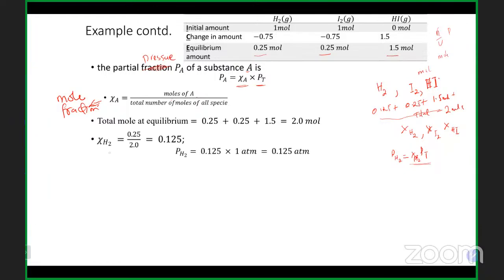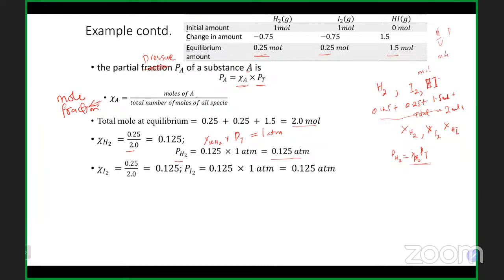The mole fraction of H2 is 0.25 divided by 2, the total number of moles. The partial pressure is XH2 times P total. From the question, the P total is 1 atmosphere, and you have 0.125 atmosphere. Similarly for XI2, and the mole fraction of HI is 0.75.